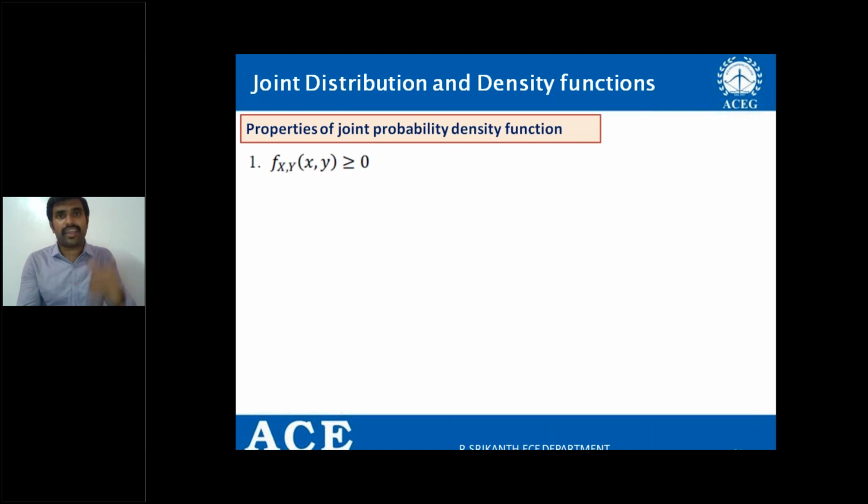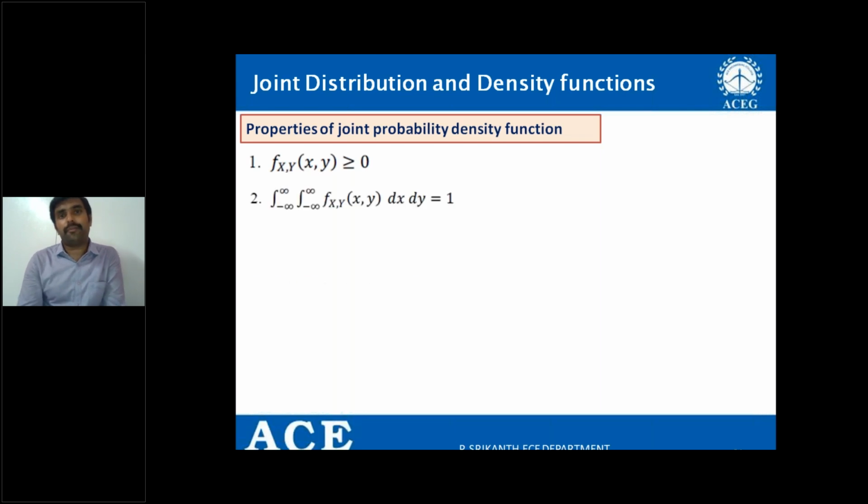The basic idea is that whenever any function is given, we must be in a position to identify whether it is a density function or not, right? So first we need to check whether it is a non-negative function or not. That is the first property of a density function.